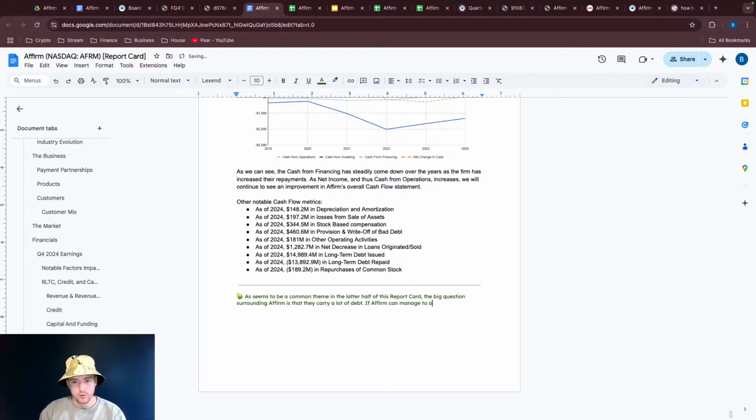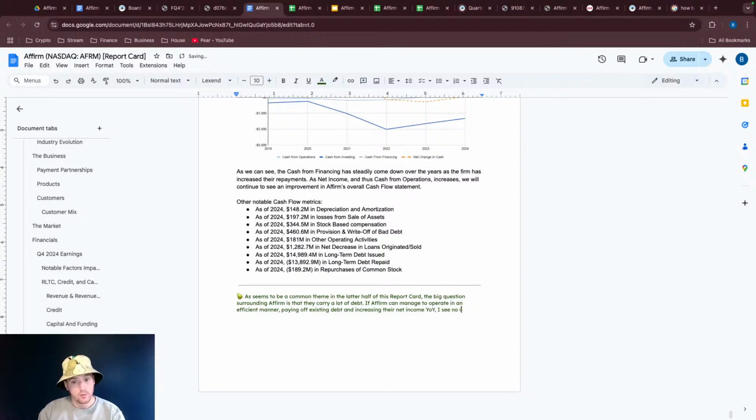Can they manage to operate in an efficient manner, paying off existing debt and increasing their net income year over year?